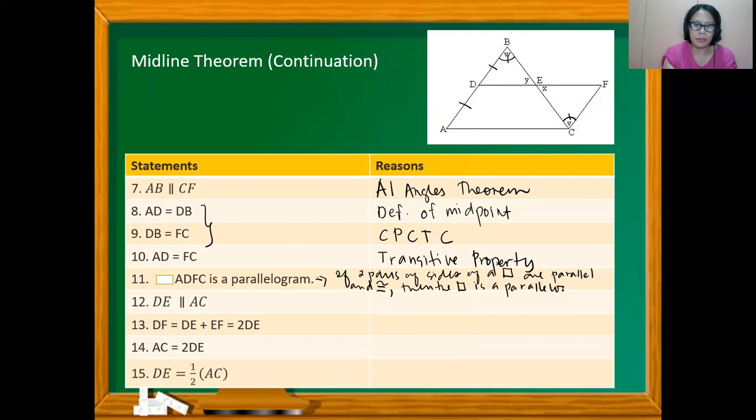That's how we define a parallelogram: we have two pairs of opposite sides parallel and congruent. So we can say that ADFC here is a parallelogram. Now, DE is parallel to AC. And this is about definition of parallelogram.